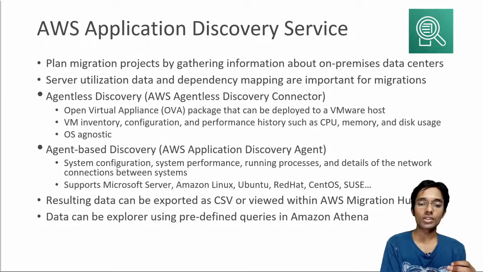So this is to discover your entire mapping of services, applications and servers overall. All the resulting data can be exported to a CSV or viewed within the AWS Migration Hub, and you can also query it using Amazon Athena.